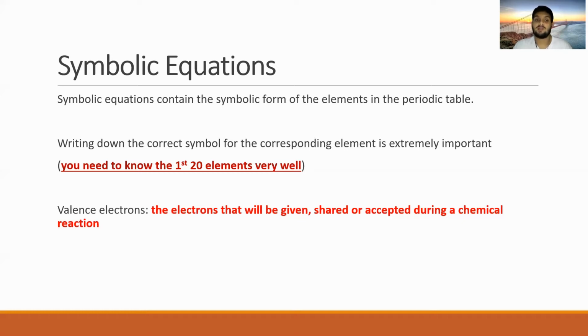How they are shared, given or accepted, we won't be learning in this lesson. We will do it in the next lesson, but here we'll just go through a rough idea of how to write these symbolic equations. No mechanism will be discussed in this lesson.